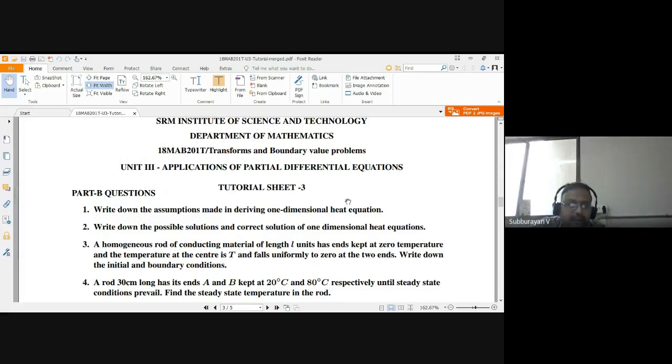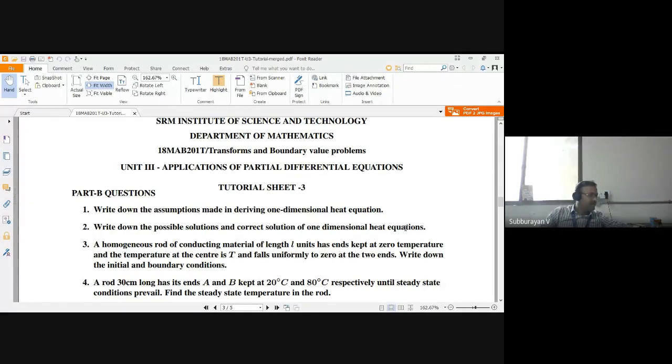Please go through it. The second question: write down the possible solutions and the correct solution of the one-dimensional heat equation. What are the possible solutions of the heat equation? Do you remember this?